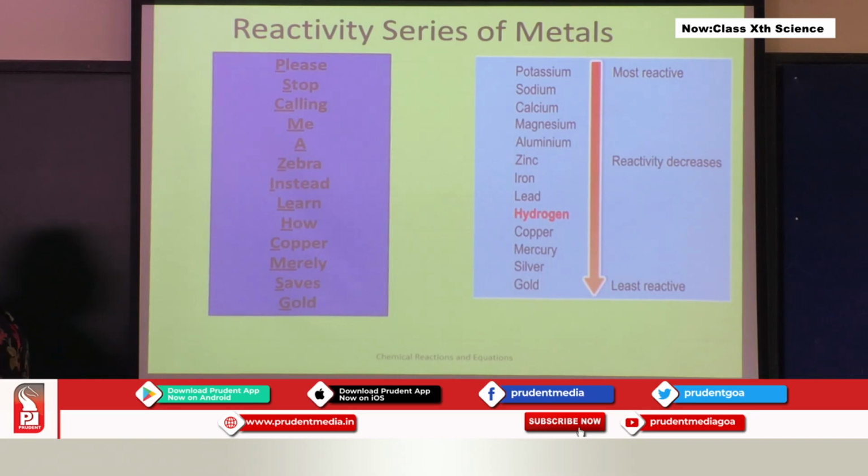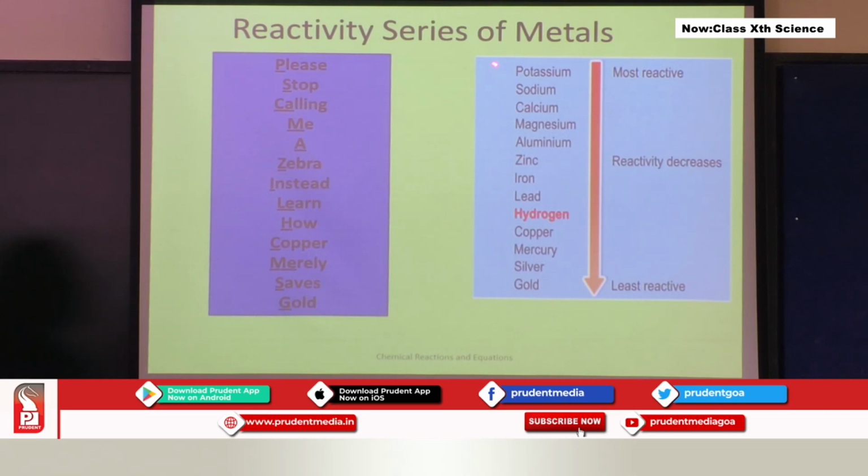Now, you have a way to remember. Here is a mnemonic for you to remember this reactivity series. Please stop calling me a zebra. Instead, learn how copper merely saves gold.